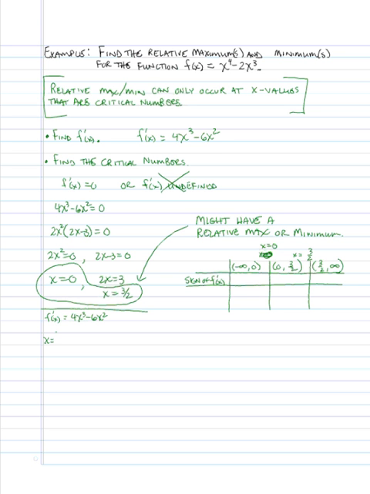I suppose negative 1 would work just fine, wouldn't it? So we calculate f prime of negative 1. It'll be 4 times negative 1 cubed minus 6 times negative 1 squared. Well, that's going to be a negative 4 and a minus 6, which is negative 10. So the sign is negative in this interval.